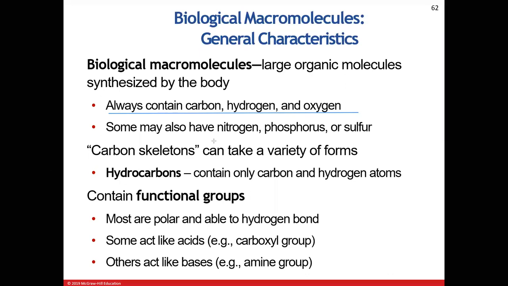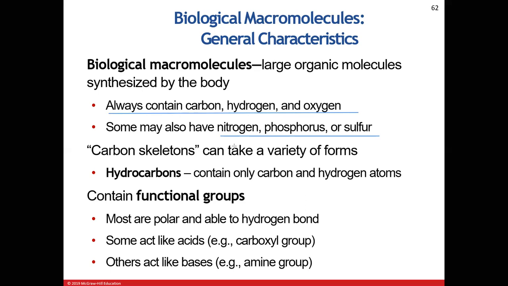Other things that may be contained within organic molecules are nitrogen, phosphorus, and or sulfur. The carbon skeletons can take a variety of forms, from ring structures to chain structures to branch structures to acid groups, to all different types of things involved with organic chemistry and carbon skeletons.